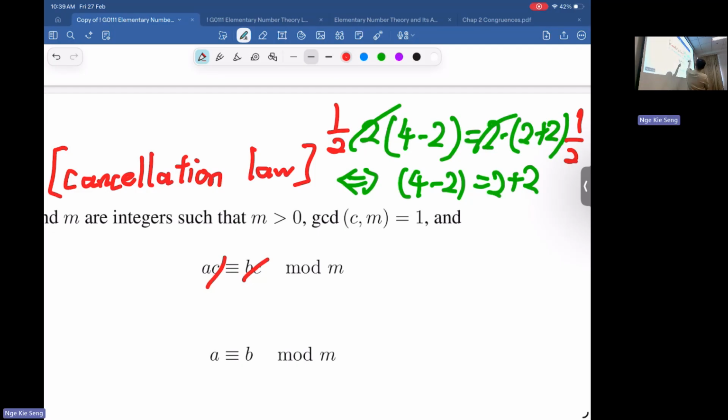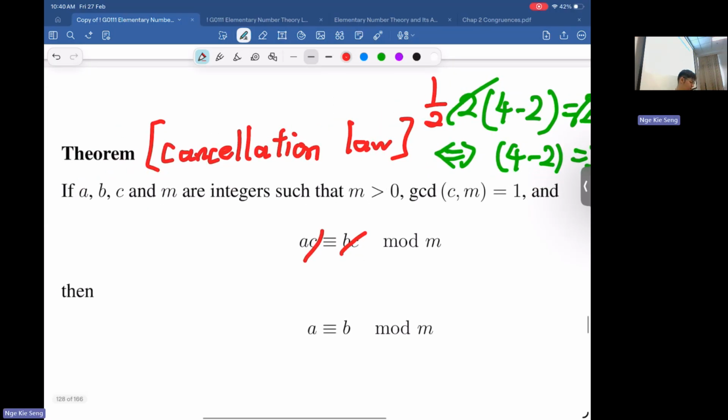If you want to think about the reasoning, when the GCD of C and M is 1, only then can you find something called 1 over C. Later we'll come back to this idea, but let's learn this cancellation.